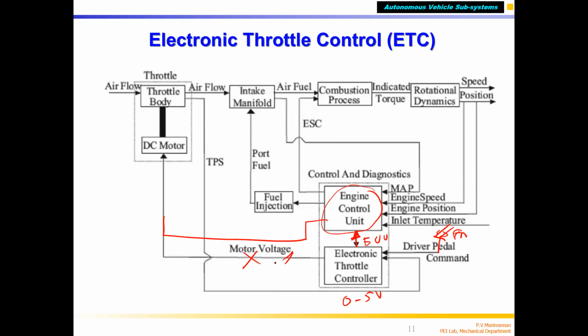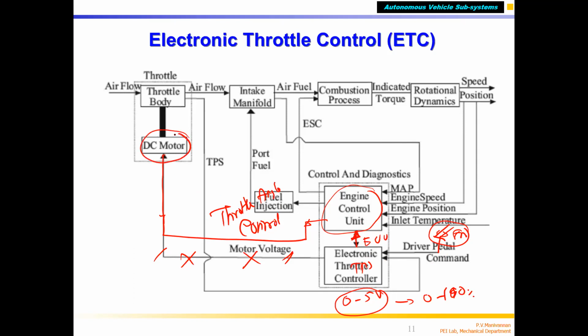The TPS sensor generates 0 to 5 volts for 0 to 90% throttle opening. Accordingly, the ECU generates the throttle angle control signal, which is given to the motor.